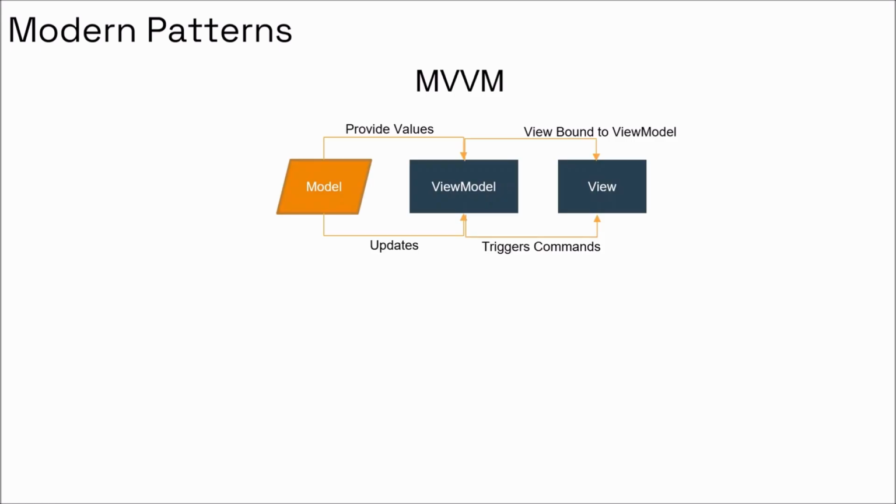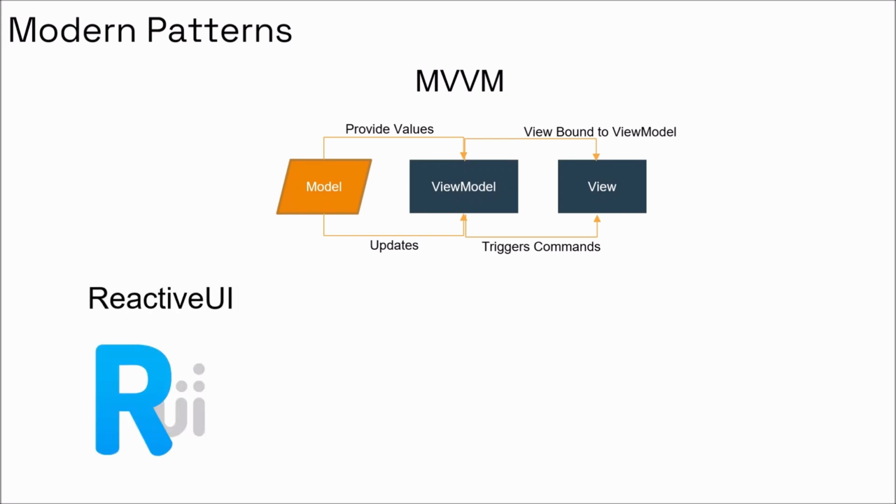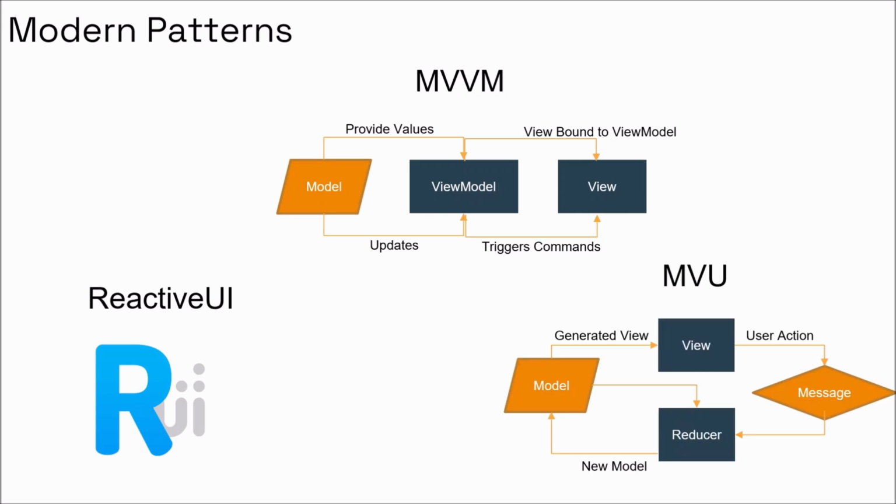With MAUI, and as you might know already in Xamarin.Forms, there was the support for the modern patterns for data binding. We already had the model view view model pattern. You can also use reactive UI. And in addition to these two, in .NET MAUI, you can also use the model view update pattern.